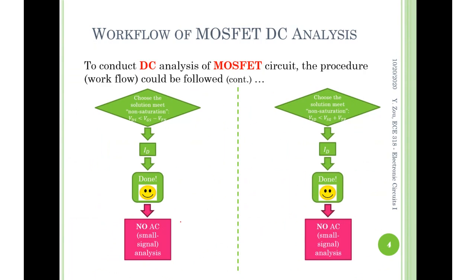In non-saturation, we might still need the ID value, still asking for the ID value. The switch's on state of course still has current, so we can find an ID current here. But once again, no AC, no further to go. You're not going to do any AC analysis. It makes no sense.